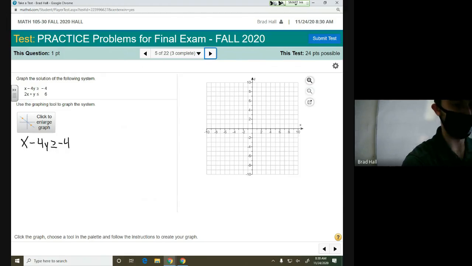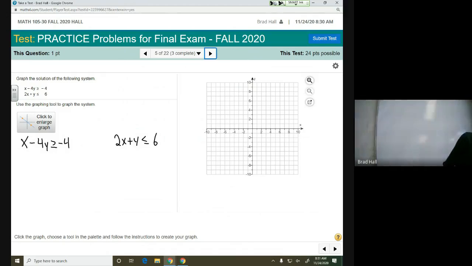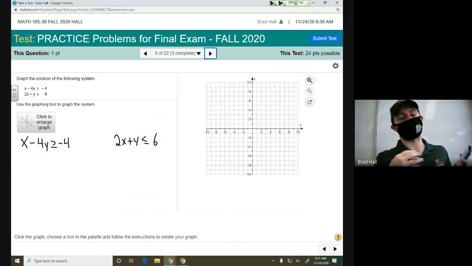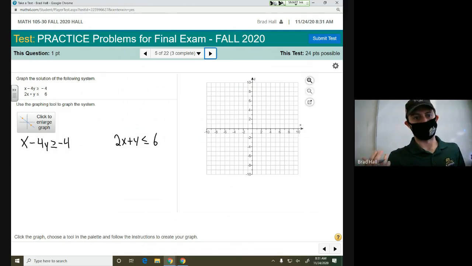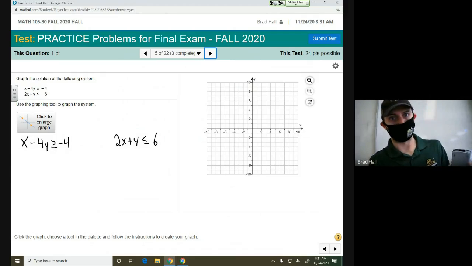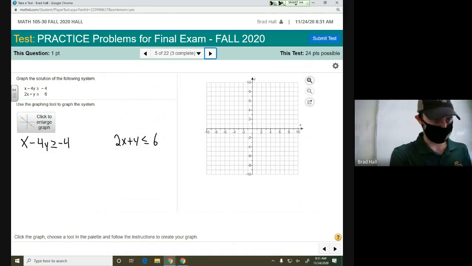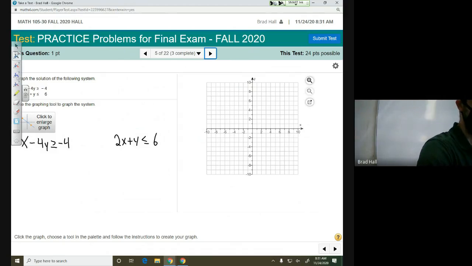We graph both of these individually by finding the intercepts. This is the stuff that we talked about again and again, not only in graphing linear inequalities, but also the linear programming stuff. So hopefully you know where to go from here.